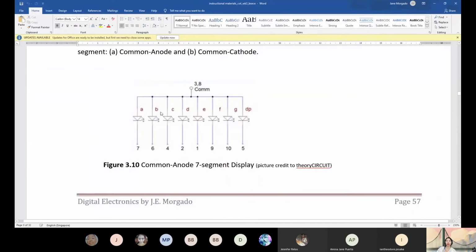So as you can see here, when you say common anode, so we have common positive. Okay, so you have common positive here. Okay, so let's say you have positive supply, and then yung 1, 2, okay, so you have pin numbers here. So ito yung connected sa circuits, okay? So you have a design for each output.